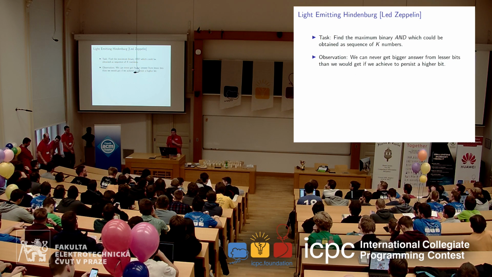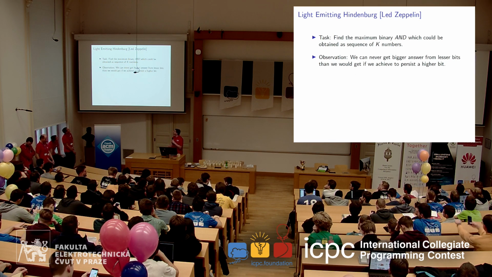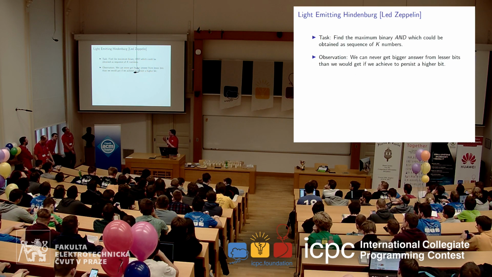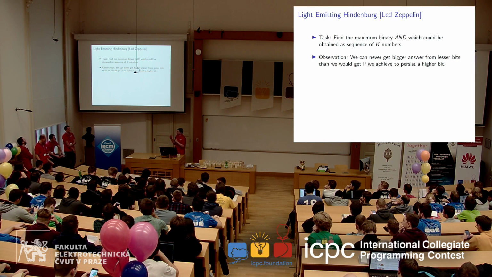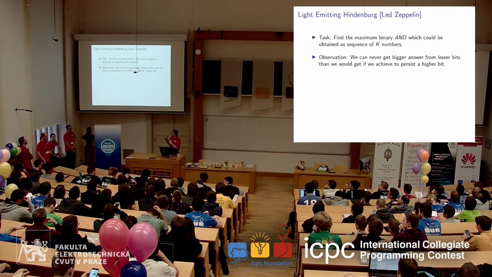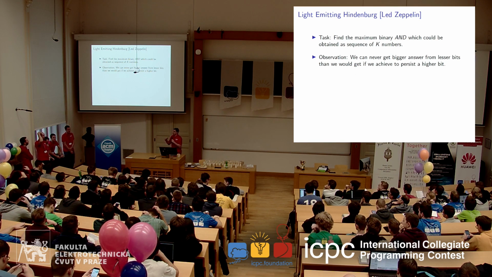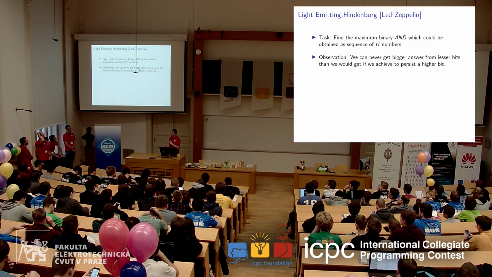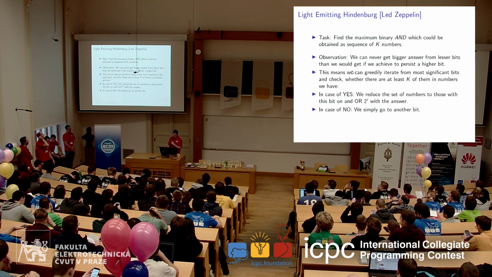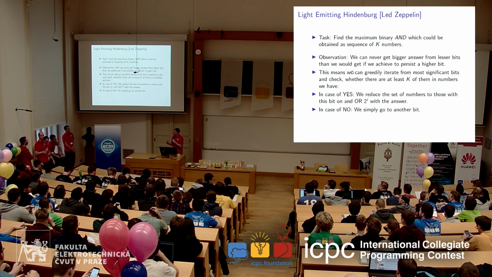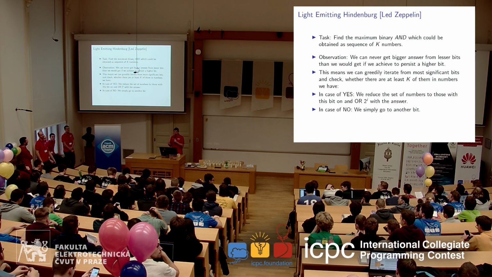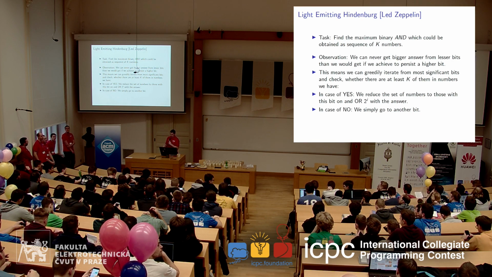So we had an observation, a really easy one, that if we manage to persist a higher bit in the final AND, then whatever we do on a lower bit could never be better. So we could greedily iterate from the higher bits and check whether it is possible to persist the bit in the final AND.